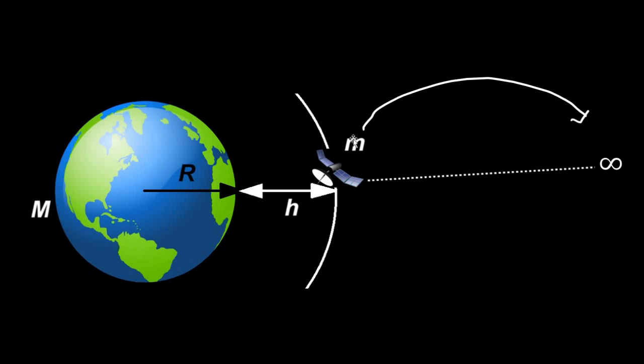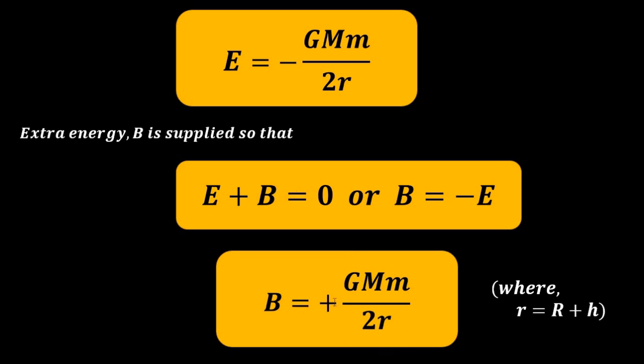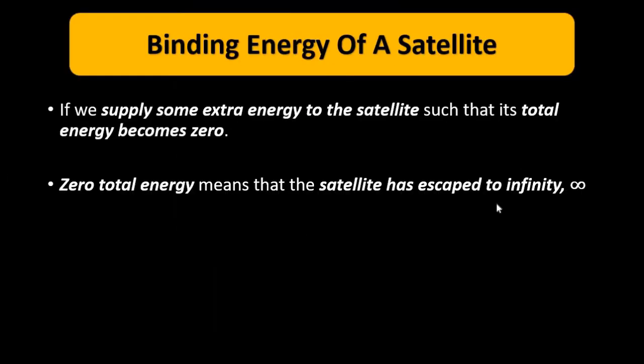So this extra positive energy, plus GMm by 2r, which is supplied from the outside so that the total energy becomes 0, is called the binding energy of the satellite.